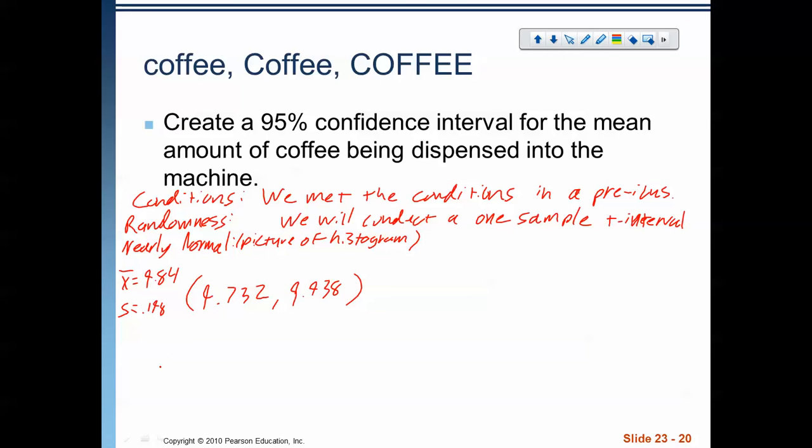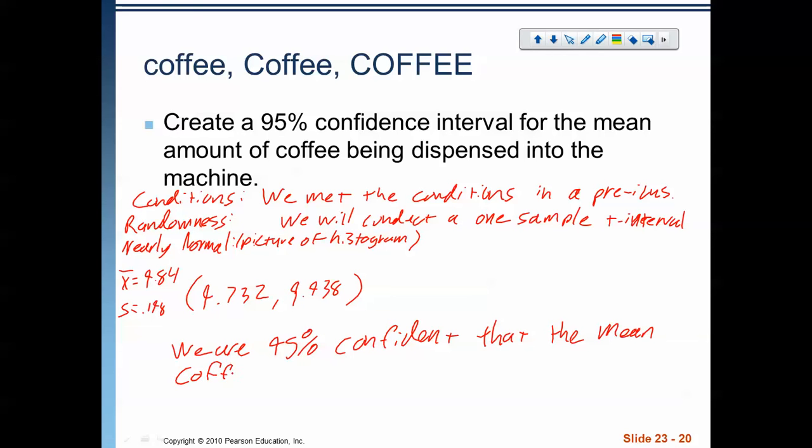And our conclusion is going to be that we are 95% confident that the mean coffee amount is between 9.732 and 9.938 ounces.